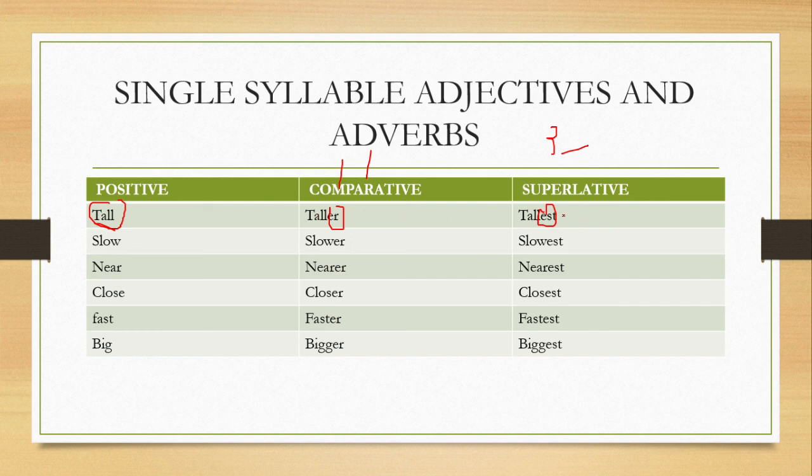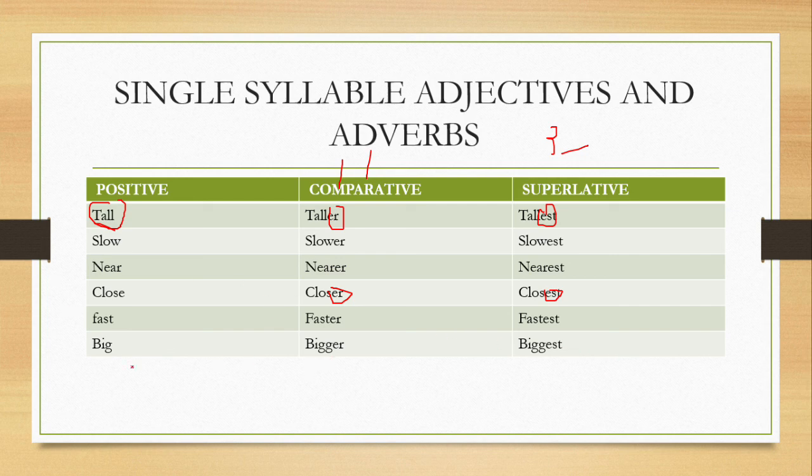You simply add what? est. That is superlative. Slow, slower, slowest. Near, nearer, nearest. What are we doing? Here we are adding er. There we are adding est. Simple. Close, closer, closest. Fast, faster, fastest. Big, bigger, biggest.